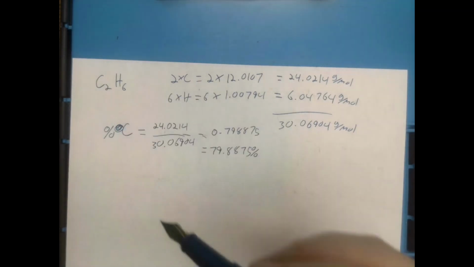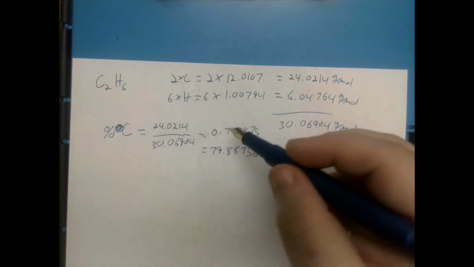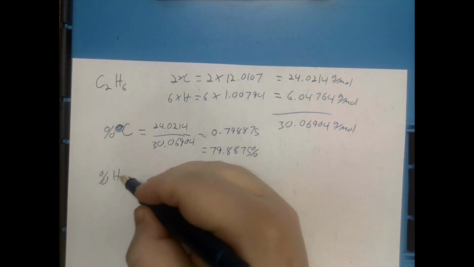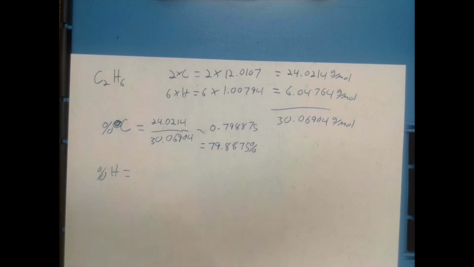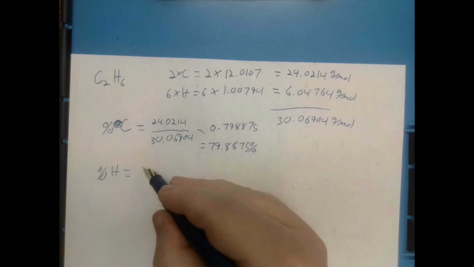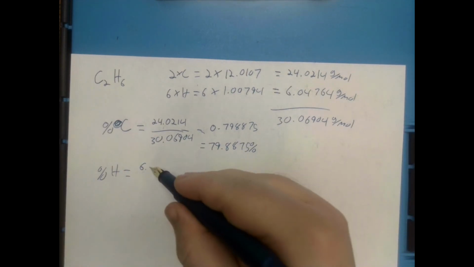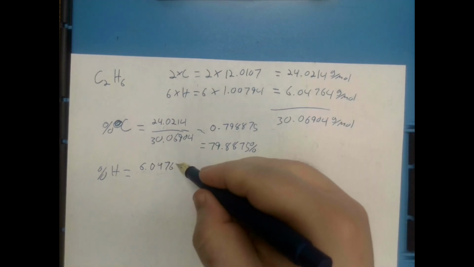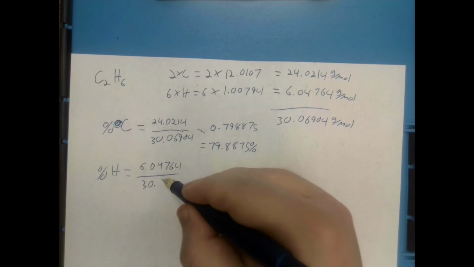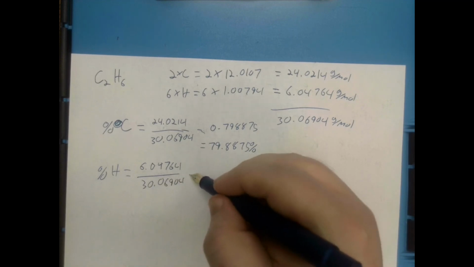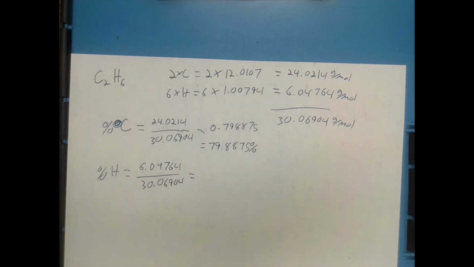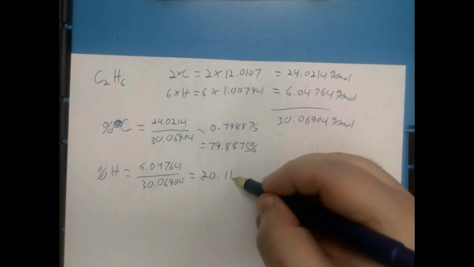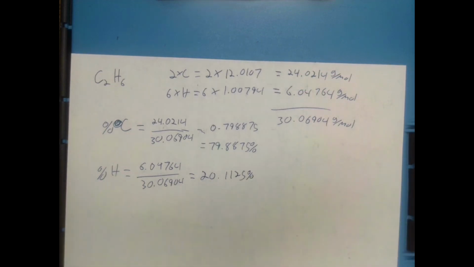Now, since there's only 2 elements, you could just do 1 minus this number, or you can recalculate it. You can only do that method if there's only 1 left. So now we use hydrogen, 6.04764 divided by the total mass. And that would equal 20.1125%.